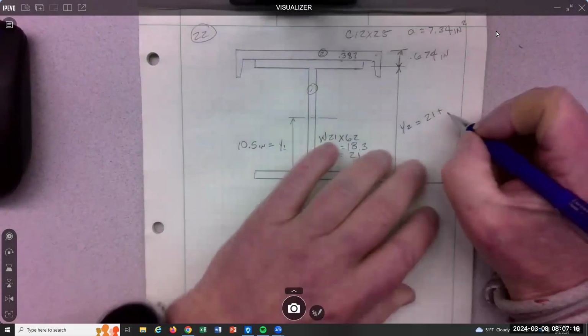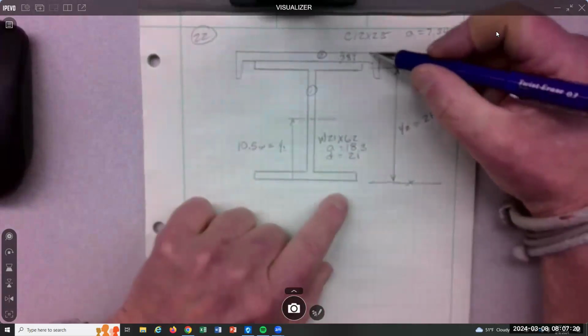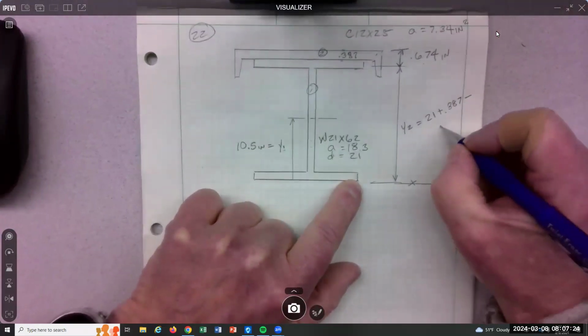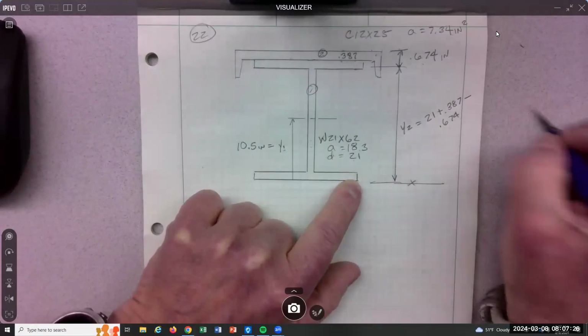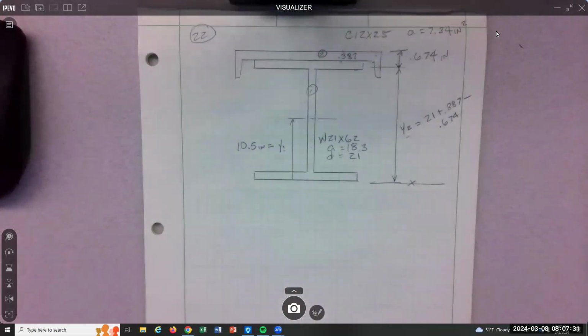So I'm going to add that to it, 0.387. So now I'm at the top, and now I'm going to subtract the 0.674. And that'll give me Y2. There are other ways to do it, but that's the way I do it: I just build all the way to the top and then come back down.